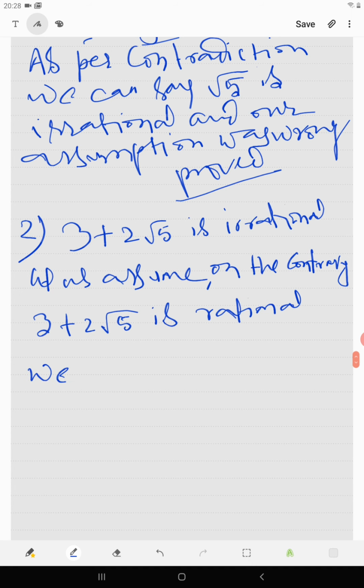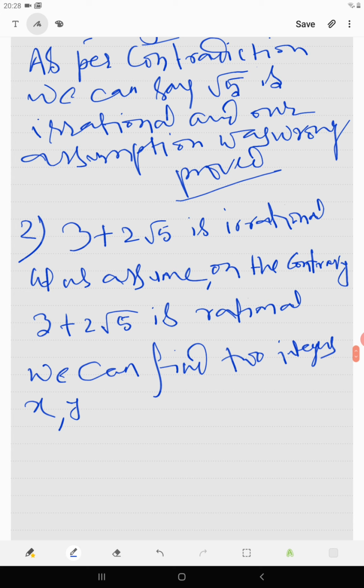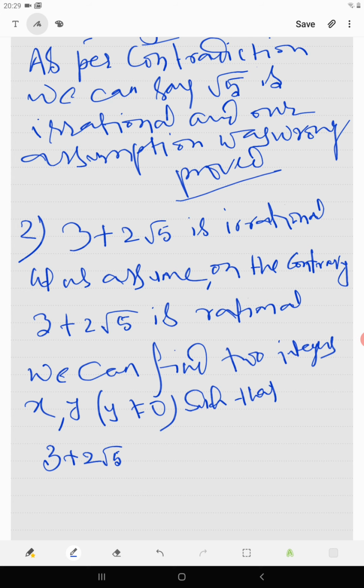So we can find two integers x and y, where y is not equal to 0, such that 3 plus 2 root 5 equals x by y.